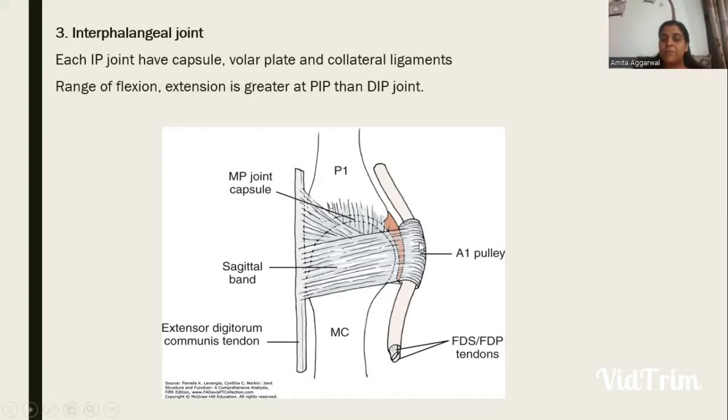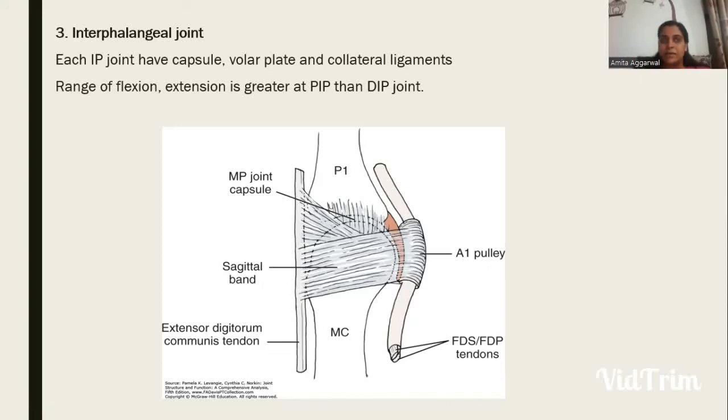ventral surface, and here is the presence of the flexor digitorum profundus and superficialis tendons covered over by the pulleys. We'll soon discuss the role of the pulleys, but here we can see that these tendons are encased within their own sheath, and then they are maintained in contact with this orange structure, the volar plate, with the help of the annular pulleys, which maintain them in position and prevent any bowstringing action.